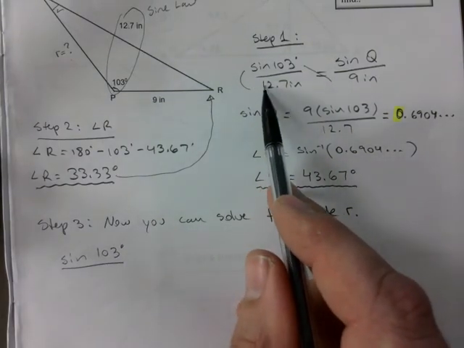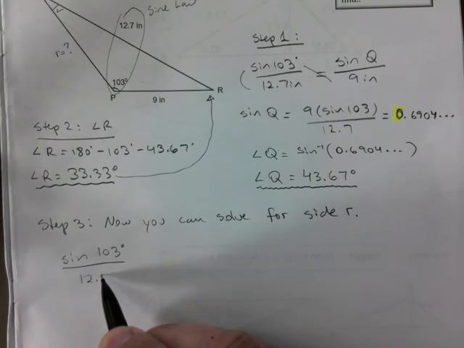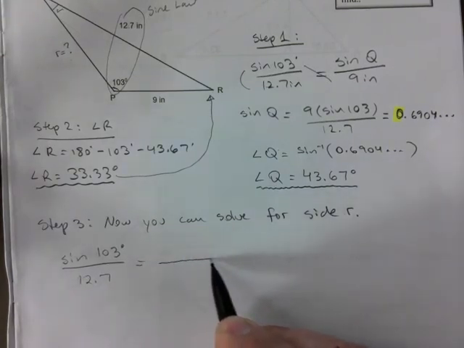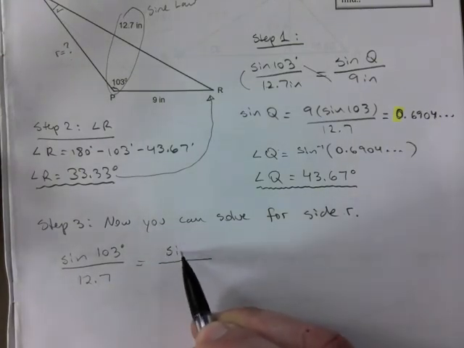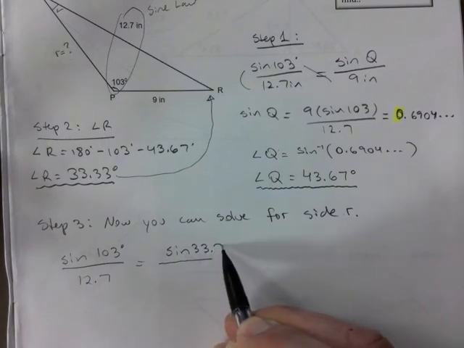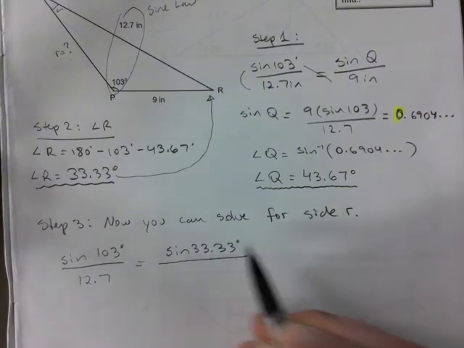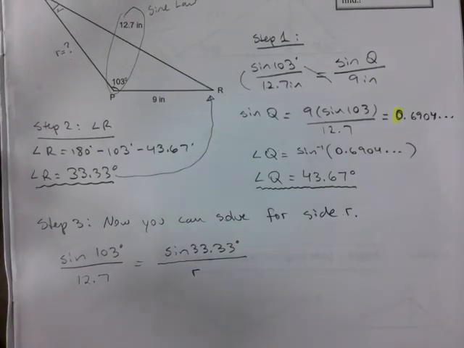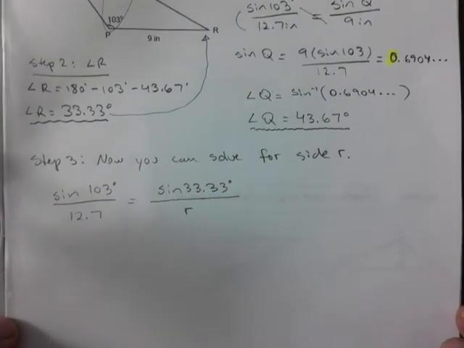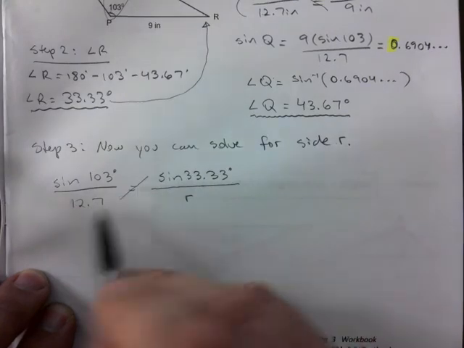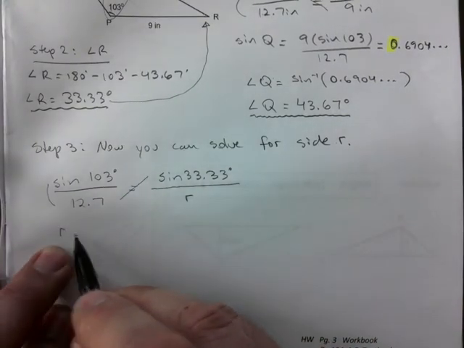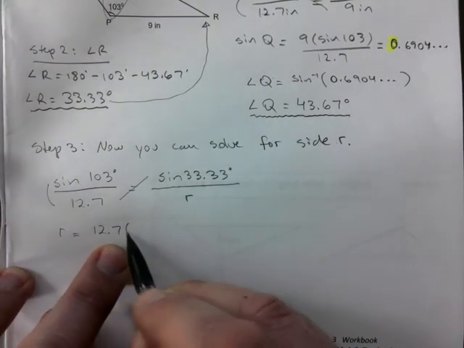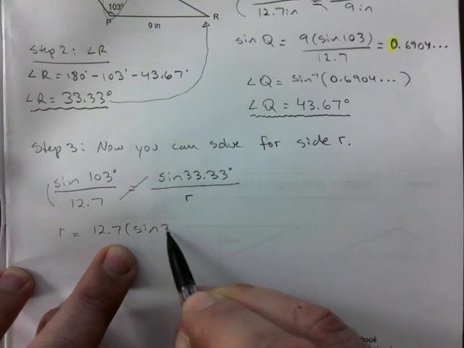So I borrow that because that stays. And now I'm going to use sine of 33.33 over side R. And you cross multiply and divide. No inverse necessary here because you're not finding an angle.